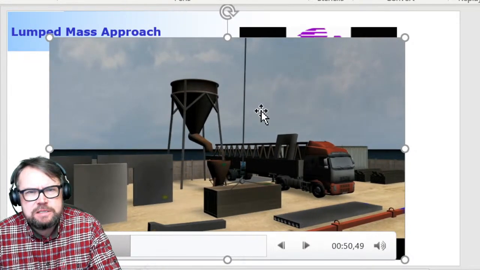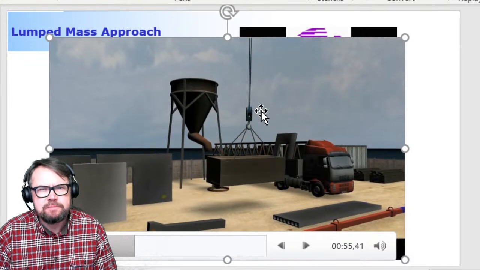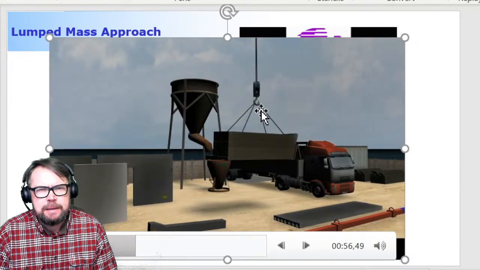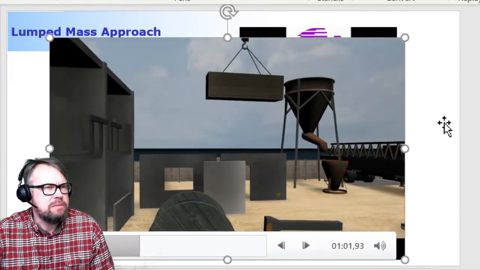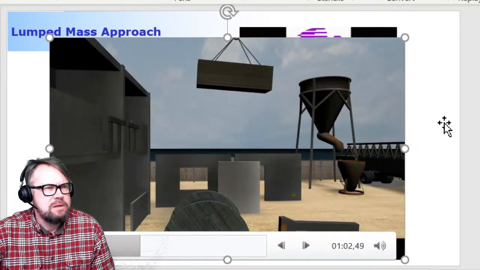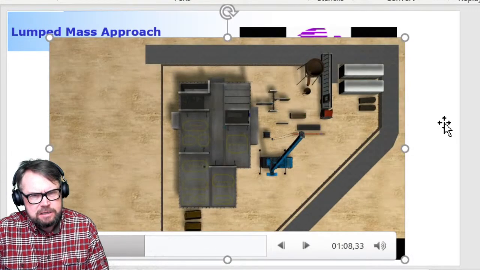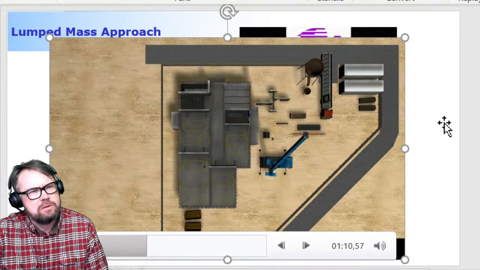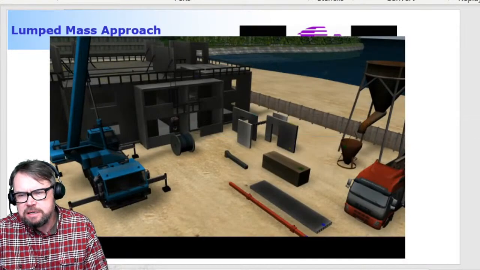So it can be used in this kind of wire rope model, and it has been used in many other kinds of applications in the past. It's not frequently used anymore, again because of this computational complexity, this numerical stiffness that easily comes along with the lumped mass approach. Okay, so let's leave this.